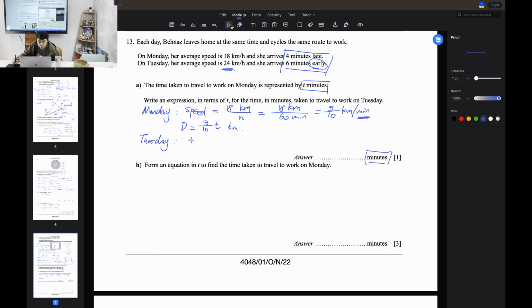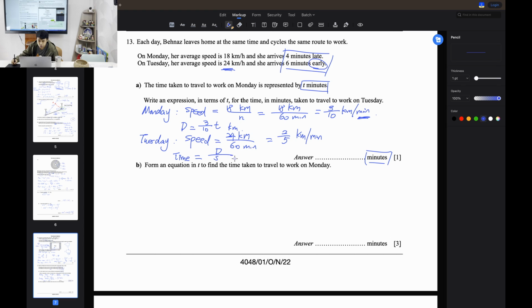On Tuesday, the speed first of all also needs to change to kilometers per minute: 24 kilometers per 60 minutes equals 24 divided by 60, 0.4, which is 2 over 5 kilometers per minute.